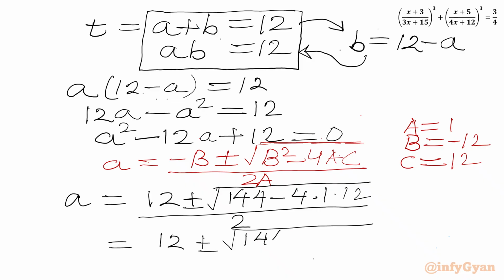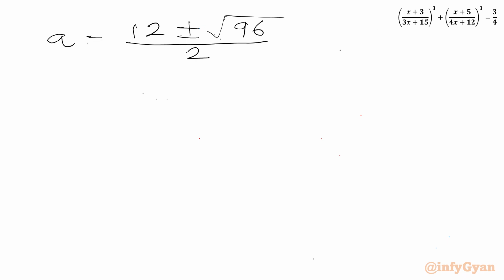This will give us 12 plus minus square root of 144 minus 48, divided by 2. 144 minus 48 will be 96. So I can write 12 plus minus square root 96, divided by 2. So 96 can be factorized as 16 times 6.